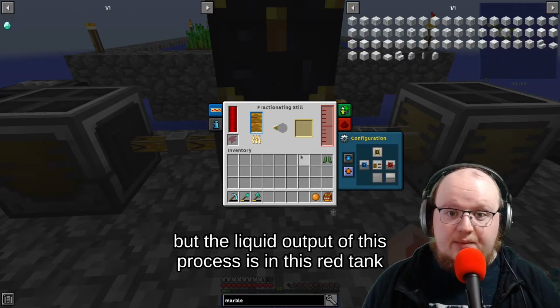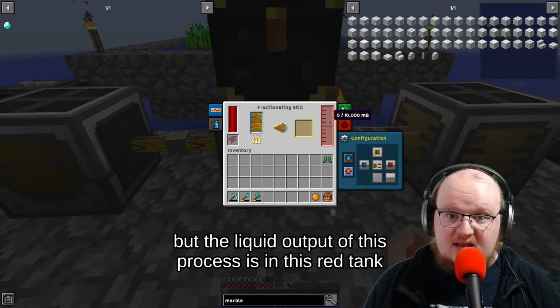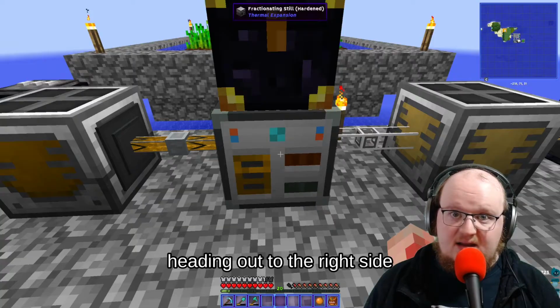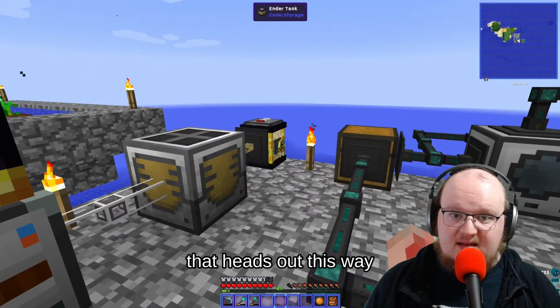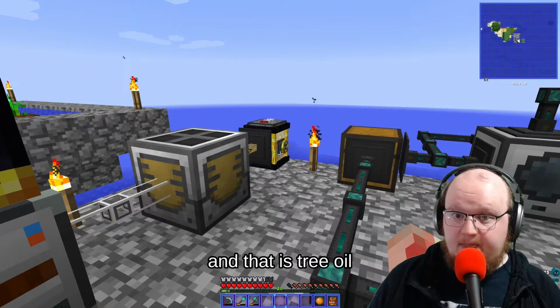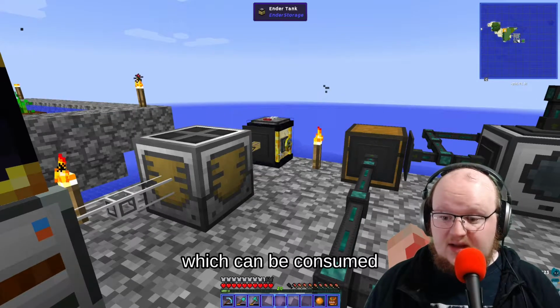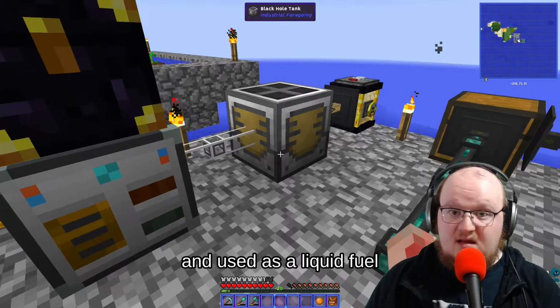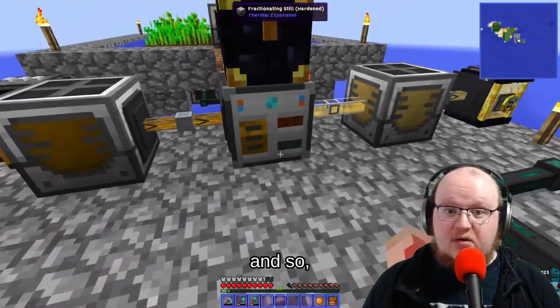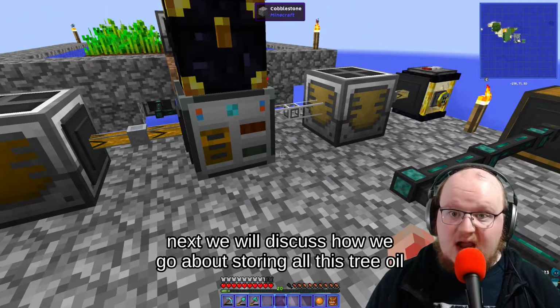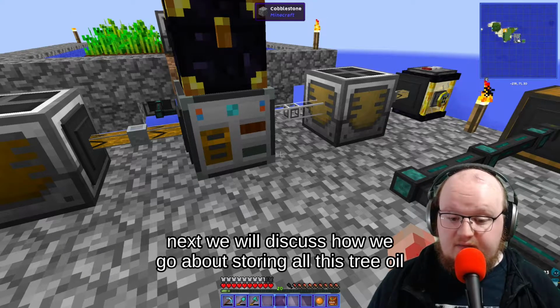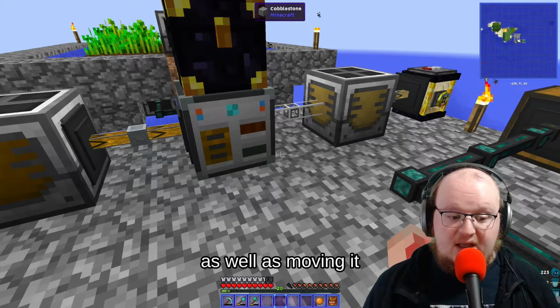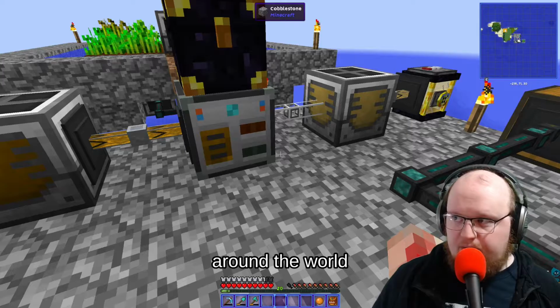But the liquid output of this process is in this red tank heading out to the right side, and that is tree oil, which can be consumed in compression dynamos and used as a liquid fuel. And so next we will discuss how we go about storing all of this tree oil as well as moving it around the world.